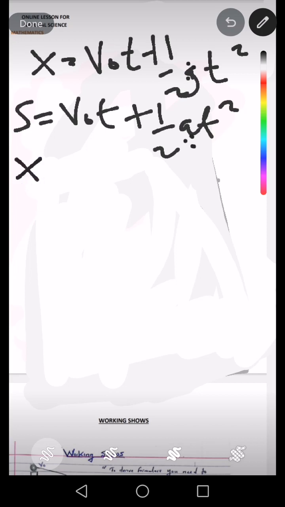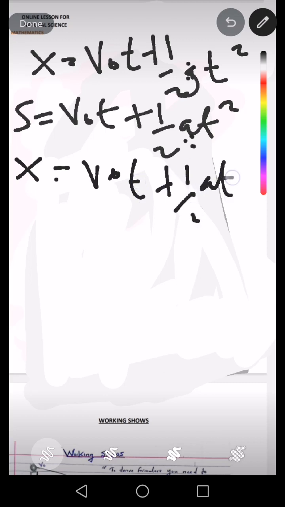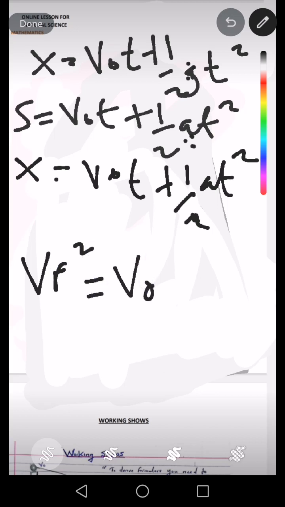That's why we're writing x equals v naught t plus half g t squared. So that is the first formula. Now we have three formulas for motion in one dimension, which also includes v final squared is equal to v initial squared plus 2gx.